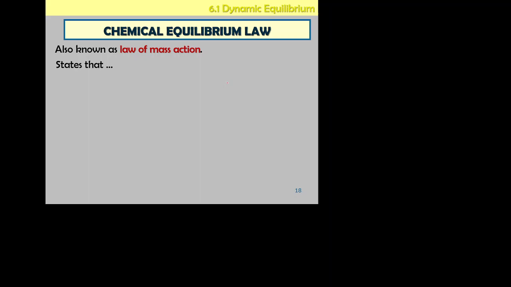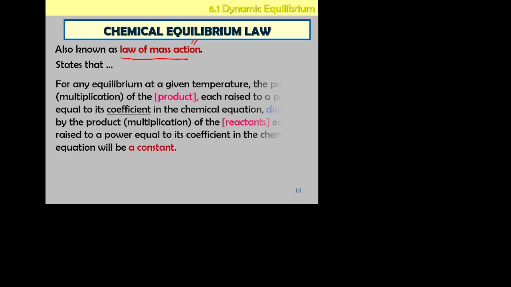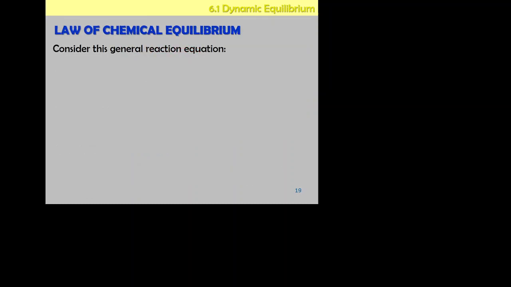So that is the question that may be 1 mark, 2 marks, or even 3 marks. The questions with many marks come from the law of mass action, which is sometimes called the equilibrium law. You can read this at length, but in simple terms, we want to know the equilibrium constant.